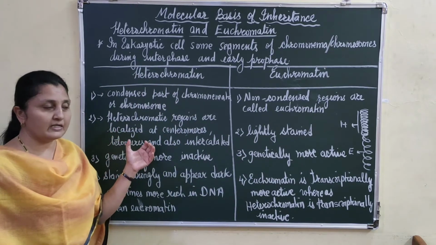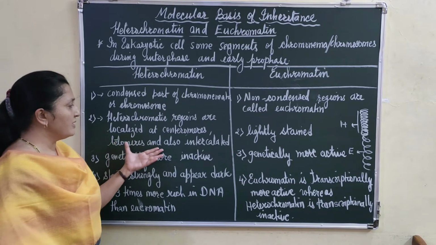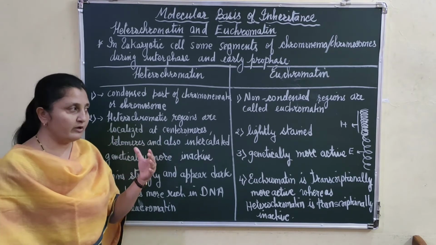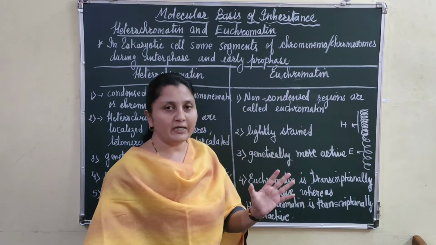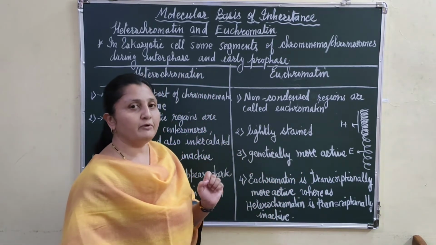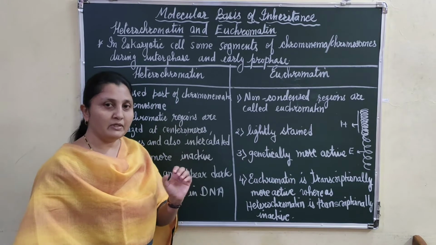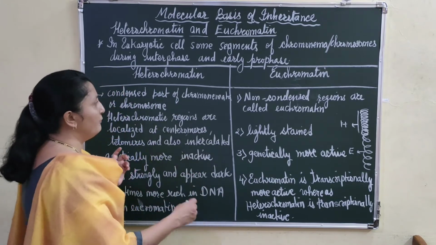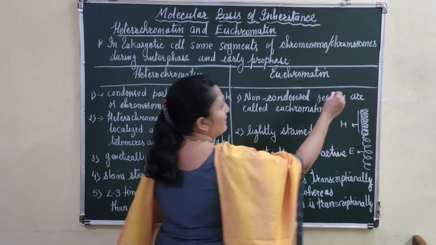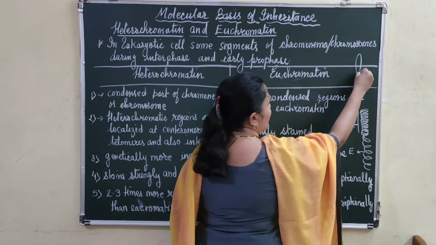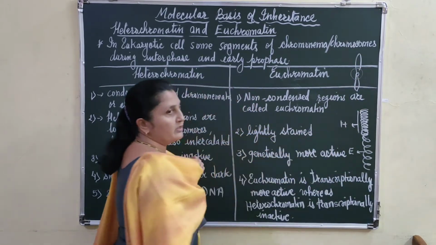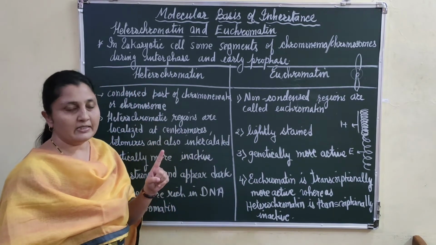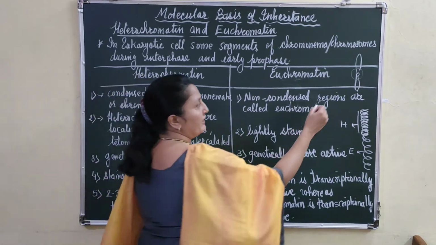Now let us talk about heterochromatin regions. They are localized at centromeres, at telomeres, and also intercalated. So if you observe the chromosome, where will you find the heterochromatin? You will find the heterochromatin around the centromeres. Correct? If you know the chromosomes, so if this is a chromosome, then around the centromeres you will find the condensation or the heterochromatin region.